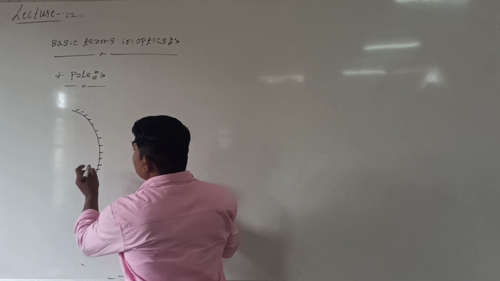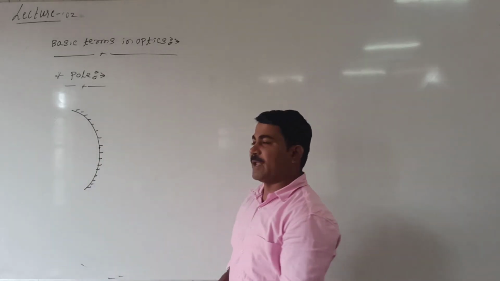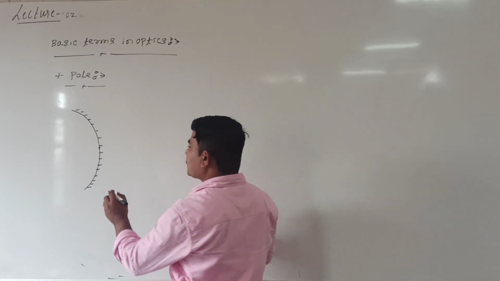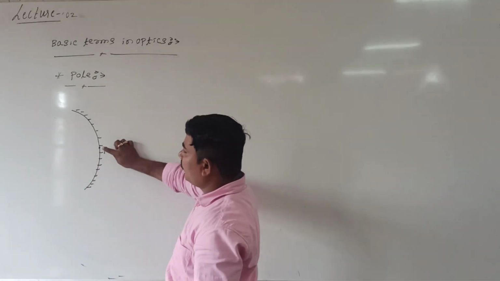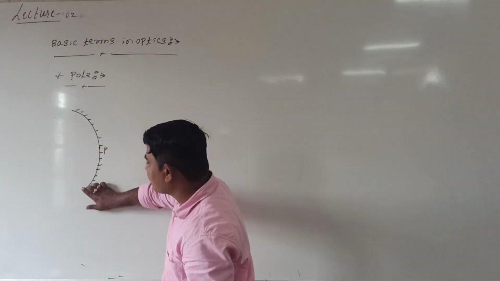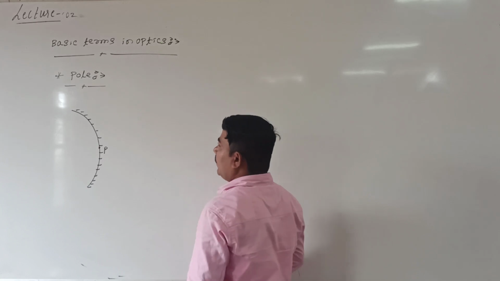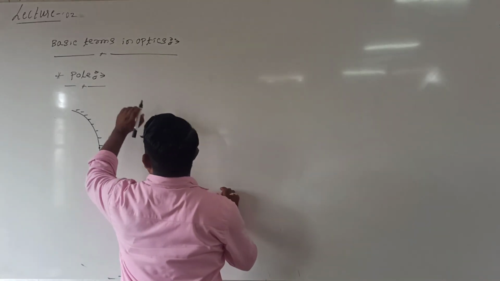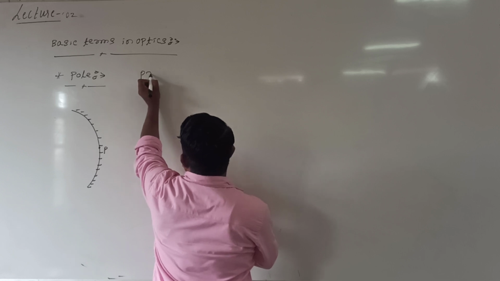Pole means the center of the spherical mirror. The center of the spherical mirror, simply, I can call pole. Next, after pole, we need to discuss what is meant by principal axis.